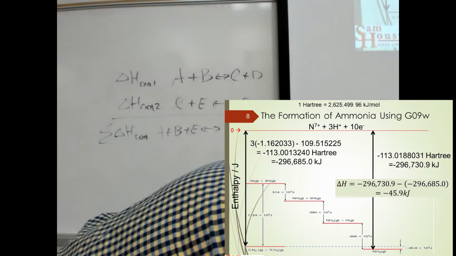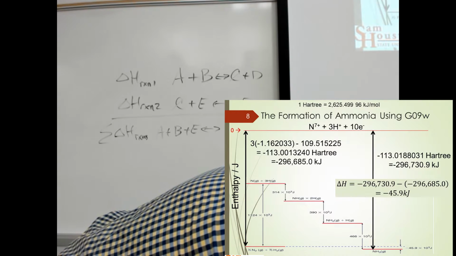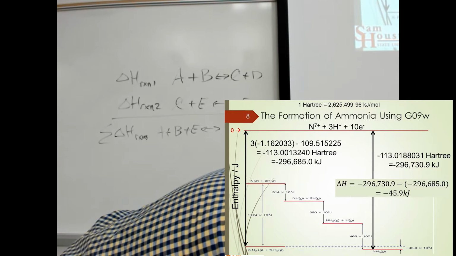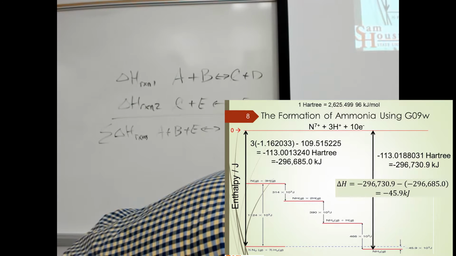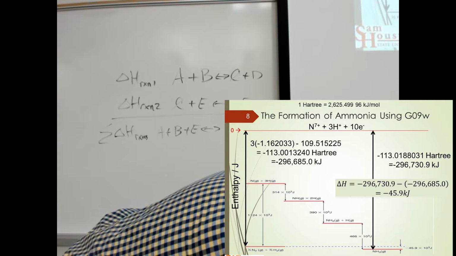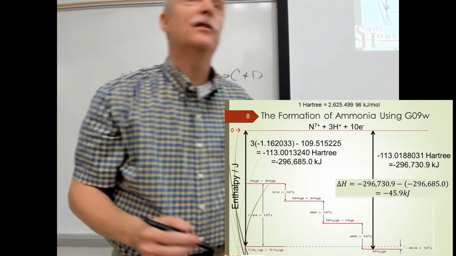And so then this is the ammonia calculation. You put that into Gaussian, calculate it, you get negative 113.0188031 Hartree. And you see it's only different in the 4th decimal. Let's see, no, it's different in the 2nd decimal place. Okay. But those are significant differences.